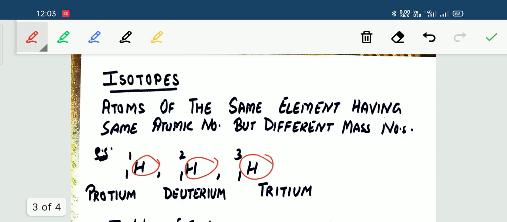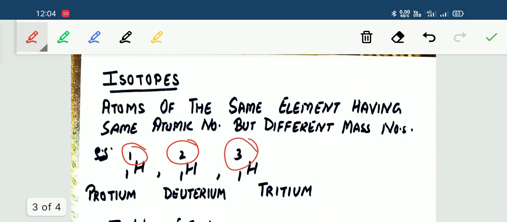Since they belong to the same element, they have the same atomic number, because every atom of a particular element has a unique atomic number. That means hydrogen has the same atomic number in all three cases, that is 1. But these three have different mass numbers. For protium it is 1, for deuterium it is 2, and for tritium it is 3.